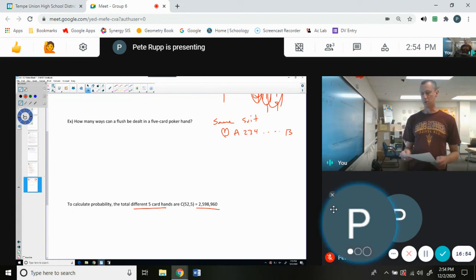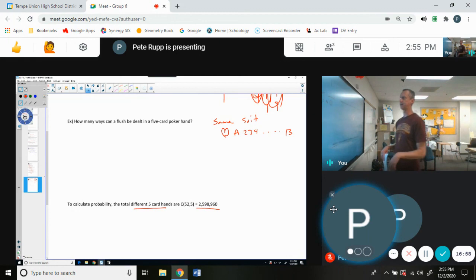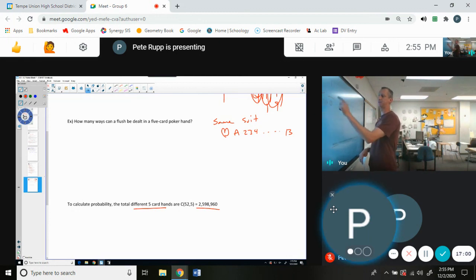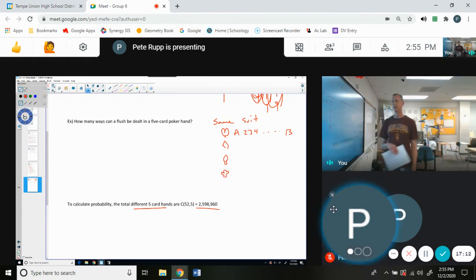In order to be dealt a flush, we're going to pick one of the 4 suits. So we have hearts, diamonds, spades, that's a horrible spade, and clubs, probably just as bad. So we have 4 different suits, and out of the 4, I'm going to choose 1. Let's say I choose hearts, just for the example.